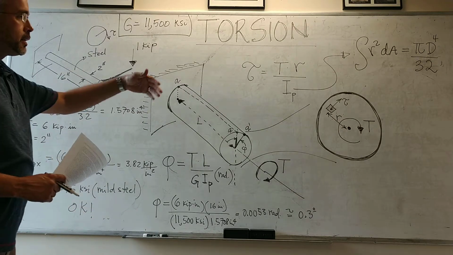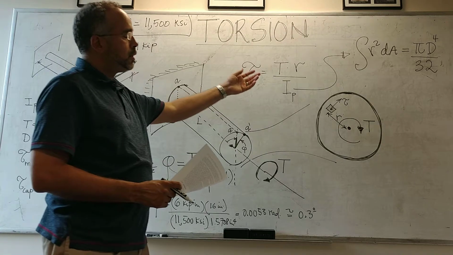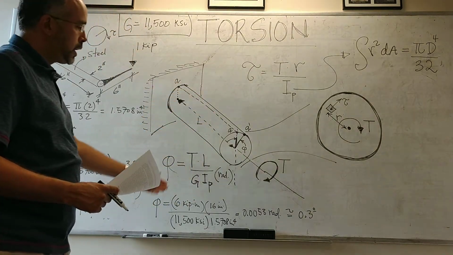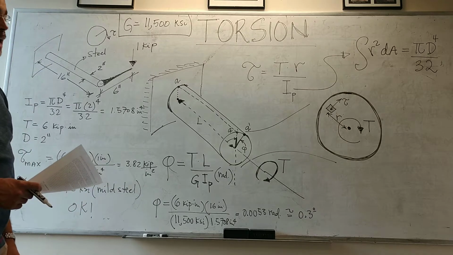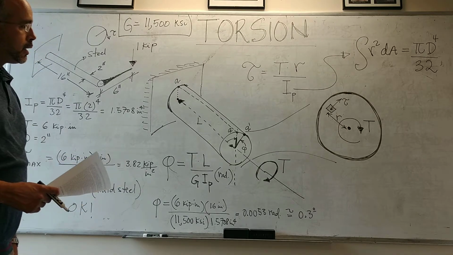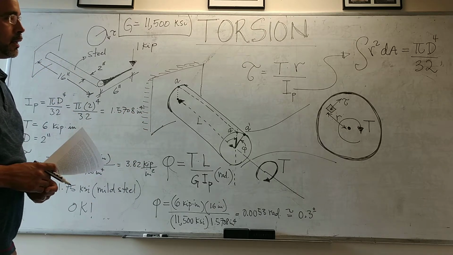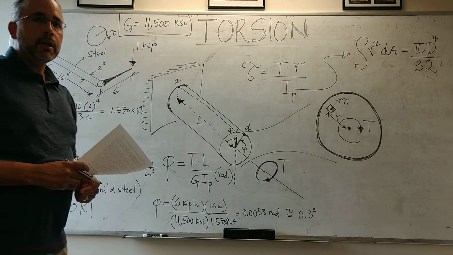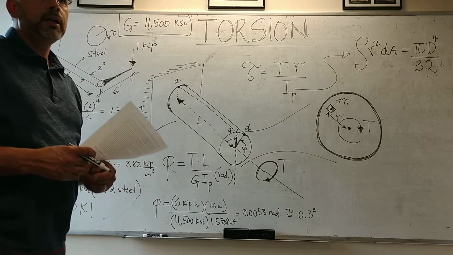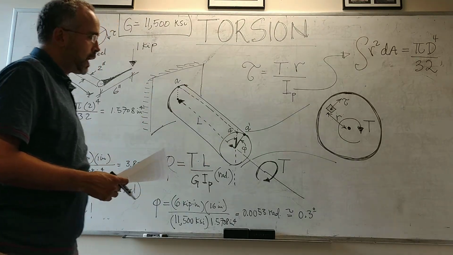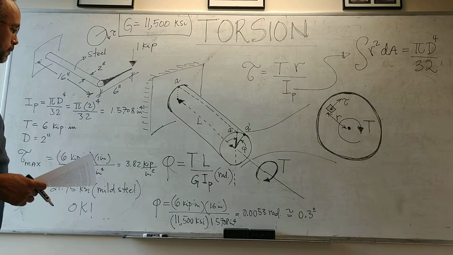So basically, this is how you compute shear stresses and rotation angles in elastic circular shafts. These are very popular in many engineering applications, rotating machinery, and other kinds of structures. So these formulas really come in handy quite a bit.